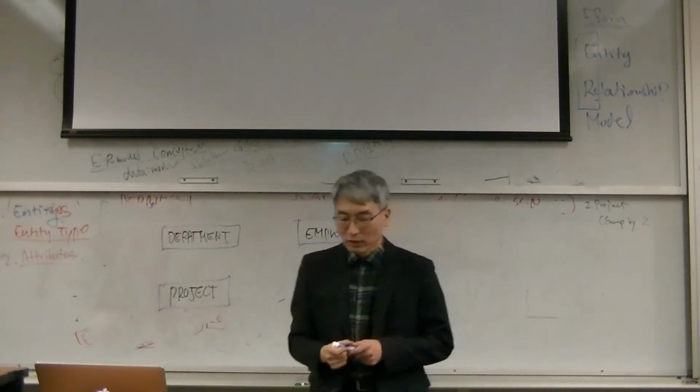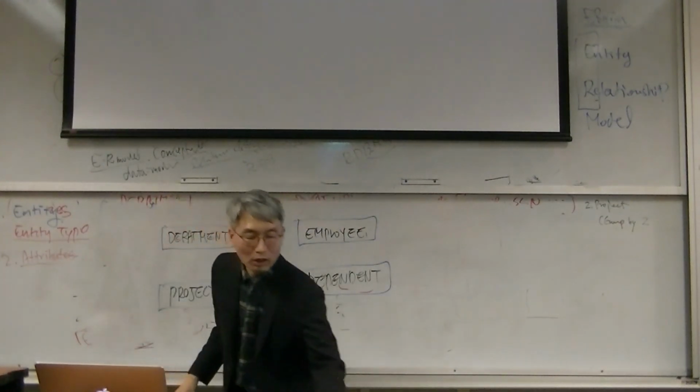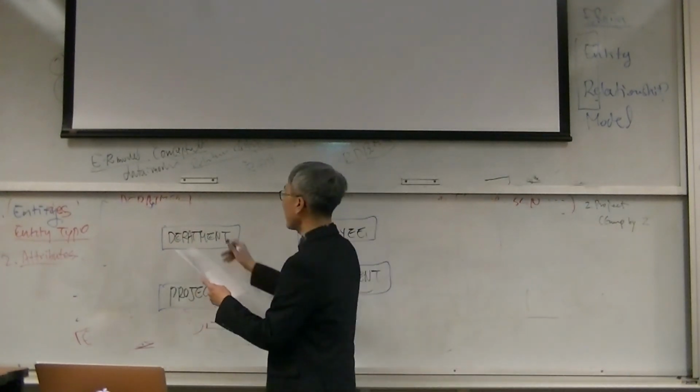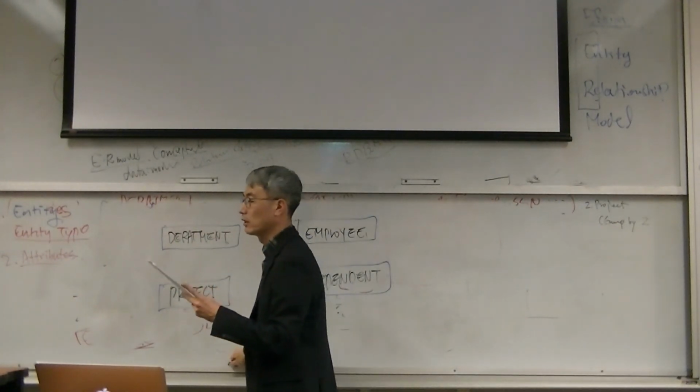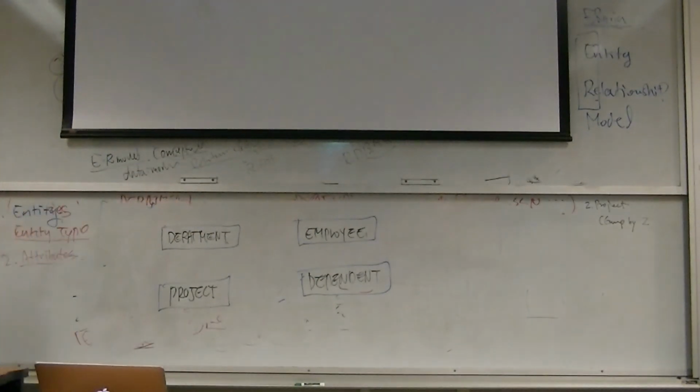Okay. Then the next step is we need to find the attributes of each entity. So, for example, department, what kind of entity? Oh, by the way, question. What about the company itself? Can the company be an entity or entity type or not?